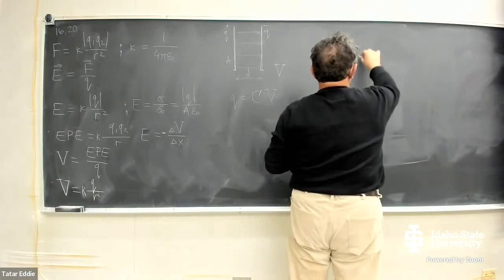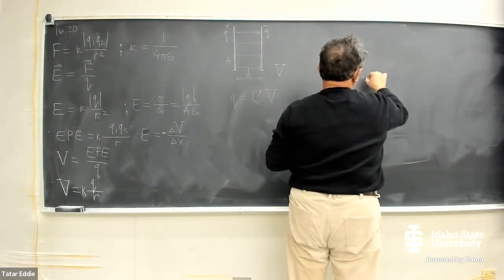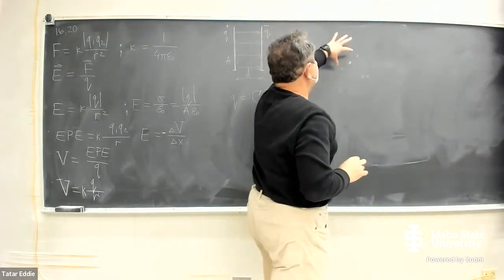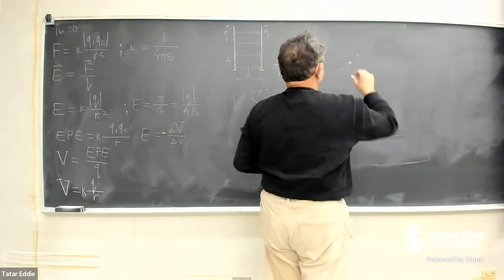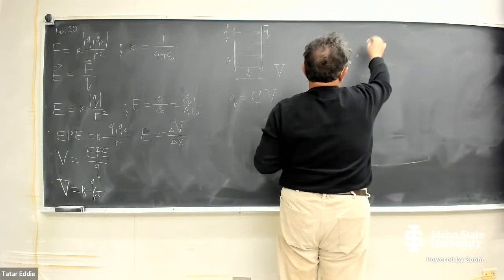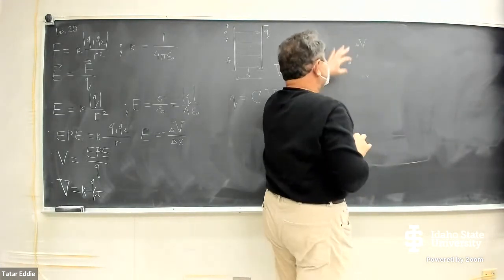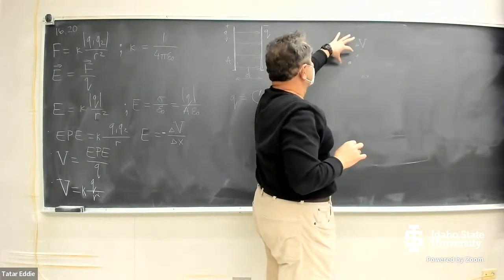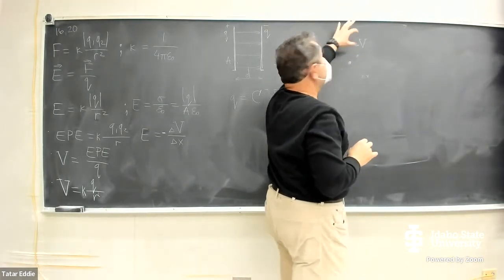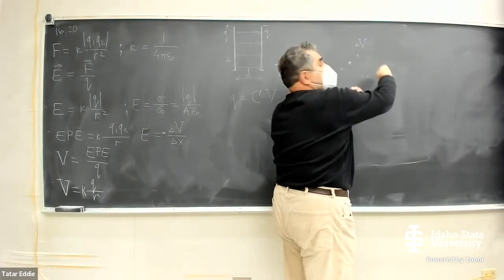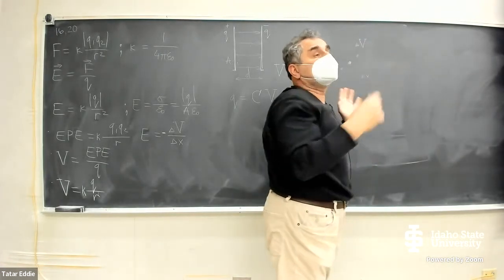The neighboring points are separated by a distance delta x. The voltage difference between those two neighboring points is going to be some number delta V. And the electric field is going to be the ratio of the voltage difference to the distance between the points.